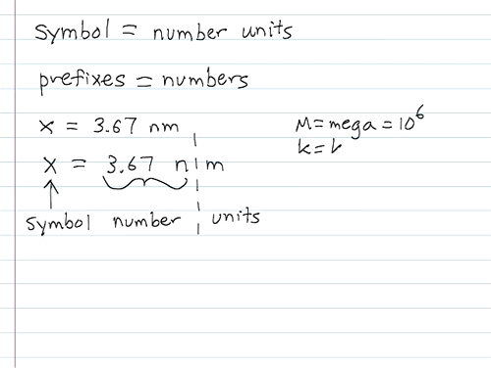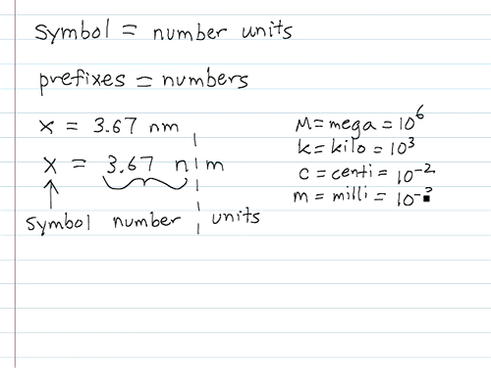K is kilo, which is 10 to the 3rd power. And then another one we tend to use a lot is centi, which is less than 1. It's 10 to the minus 2 power, or 1/100th. And another common one is milli, as in millimeter or milligram. And that's 1/1000th, 10 to the minus 3.